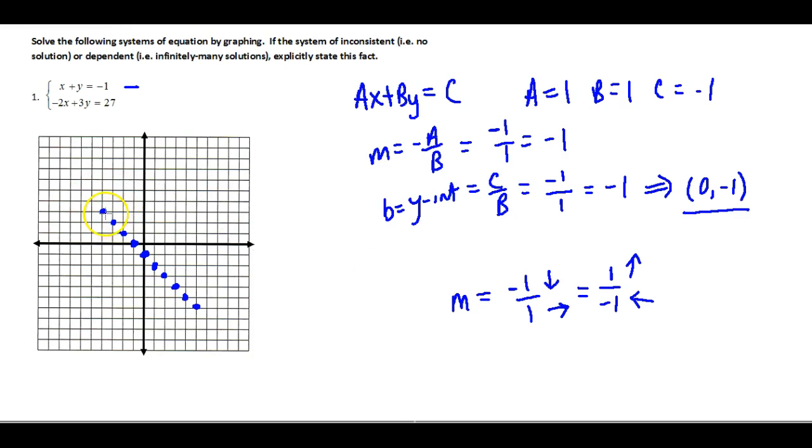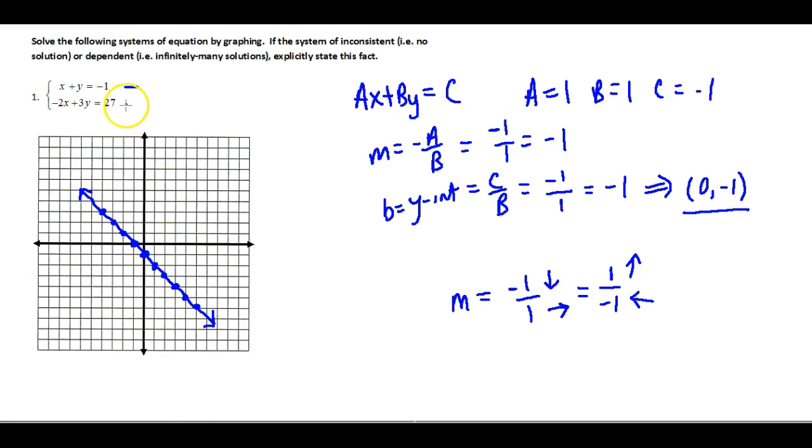And I'm going to see if I can do that very steady. Okay, so we'll come up here. All right, so that's what our first line looks like.